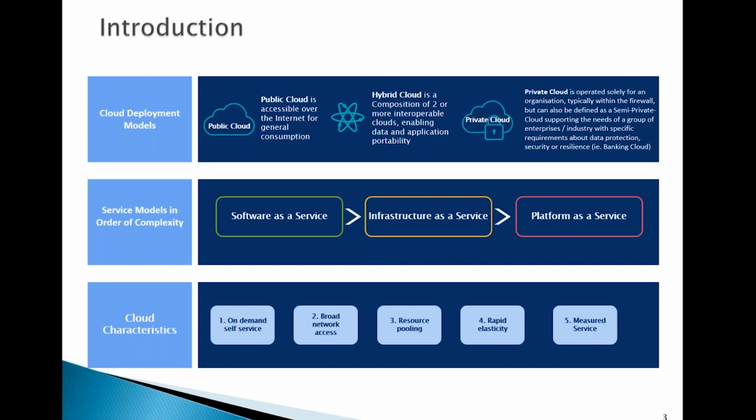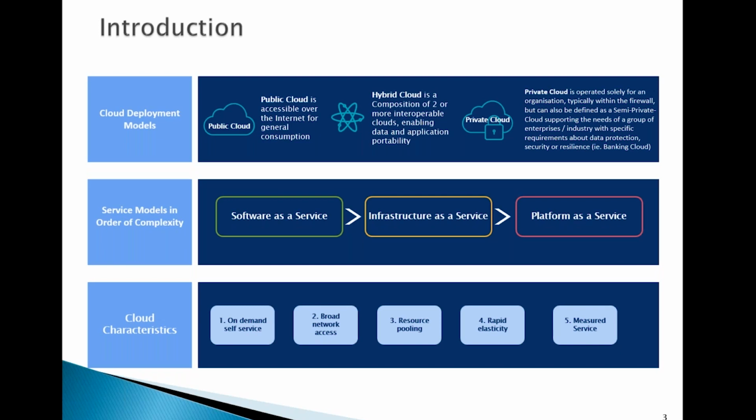What I mean by that is the CSP's computing resources are usually pooled to service multiple customers using a typical multi-tenant model, with different physical and virtual resources dynamically assigned and reassigned according to demand.